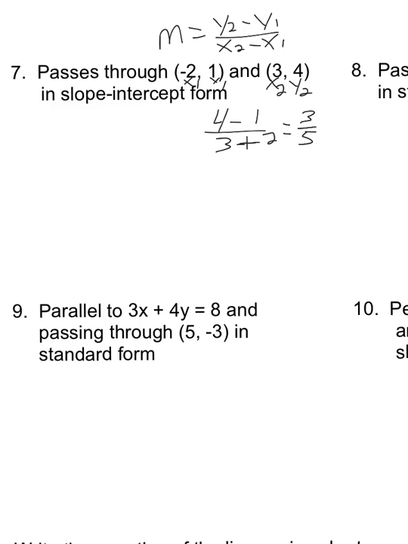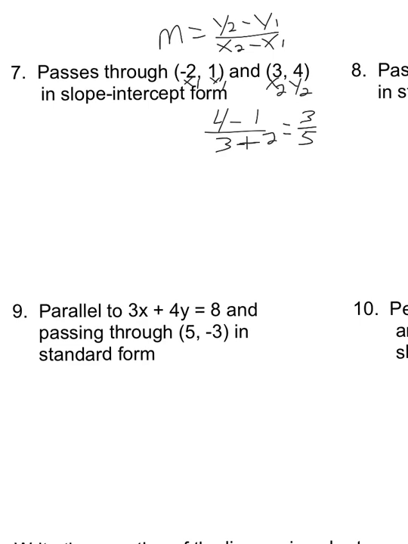So now we have a slope and I have a point. I'm going to use my point-slope formula. Because I've already labeled it x1, y1, which is exactly what's in my point-slope formula, those are the ones I'm going to use. I'm not going to use the 3, 4, but I could. It would give me the same answer.